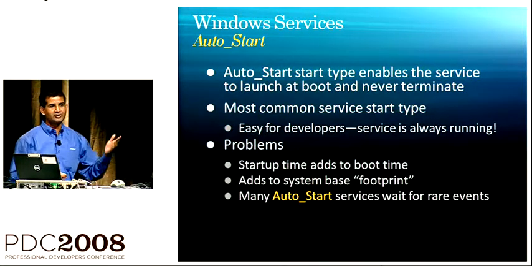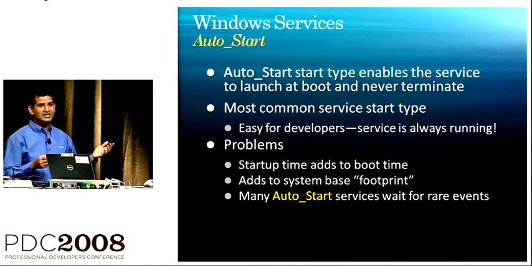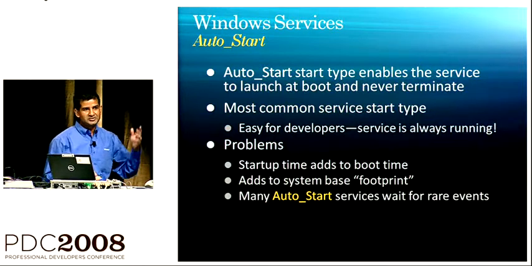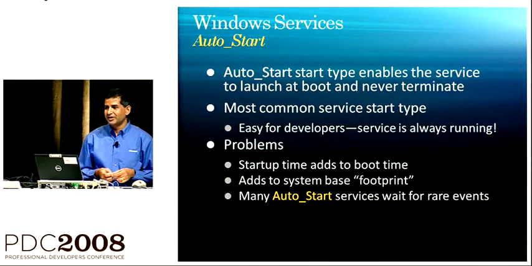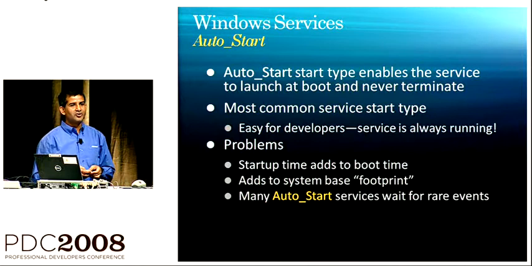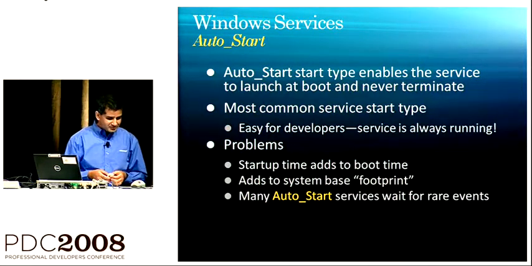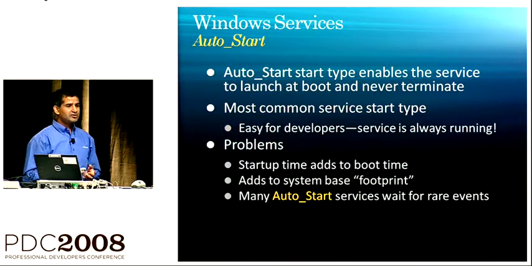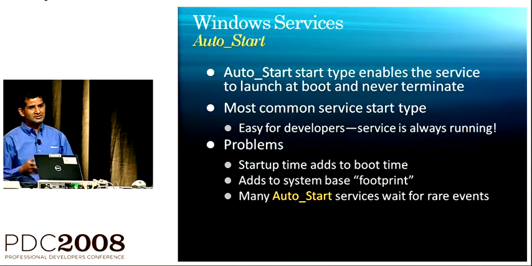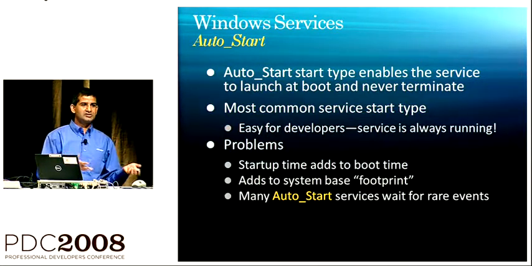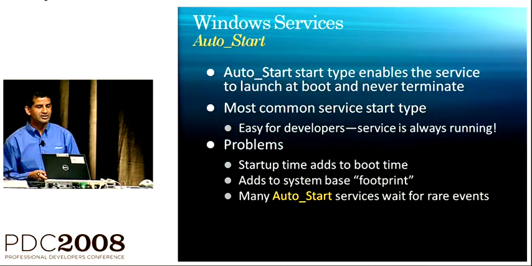So service is running all the time. It's waiting for that rare event. Maybe it's 3 o'clock in the morning for Windows update, or it's a device event for a digitizer device or a Bluetooth device. And it's also easy for developers. The service is there available to service its clients all the time, the API set.